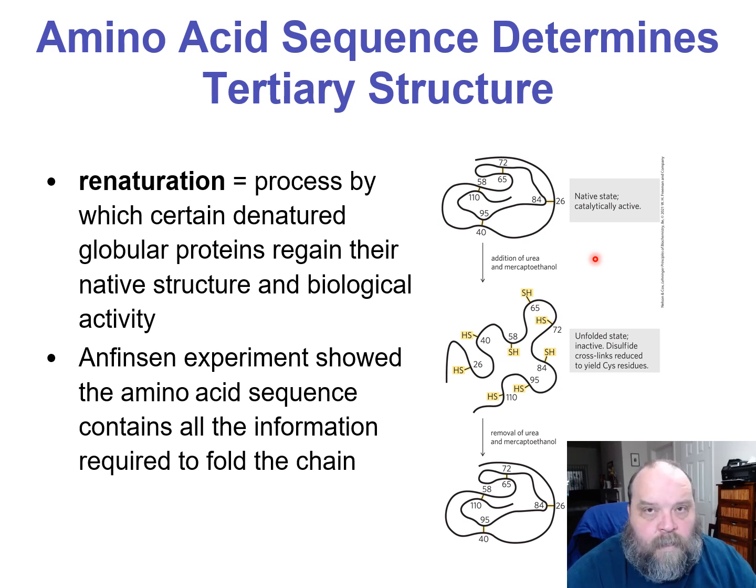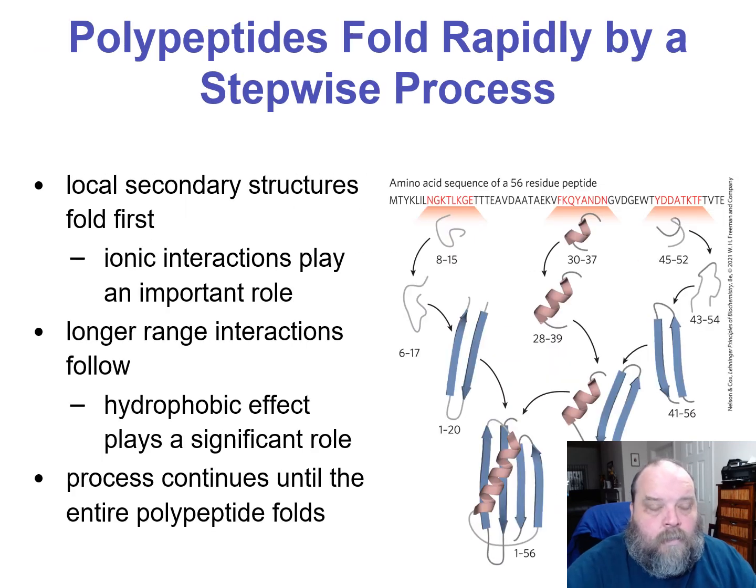And the microenvironments and the solutions they were using to get this to reform are not going to be what you find in a biological setting. So it's more of an in the lab thing, as opposed to an in vitro thing. I'm sorry, it's in vitro as opposed to in vivo, in the cell, in the body.